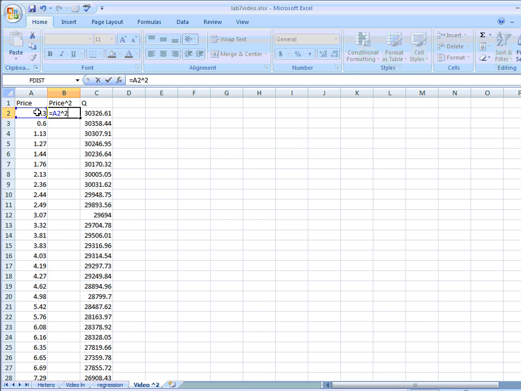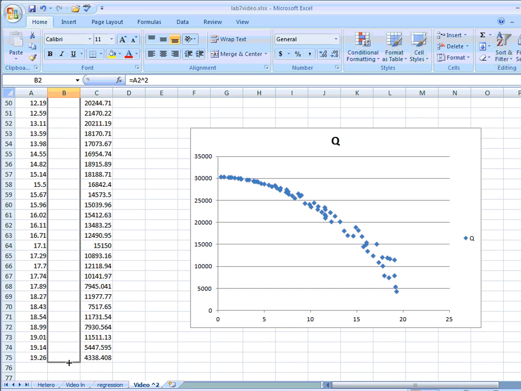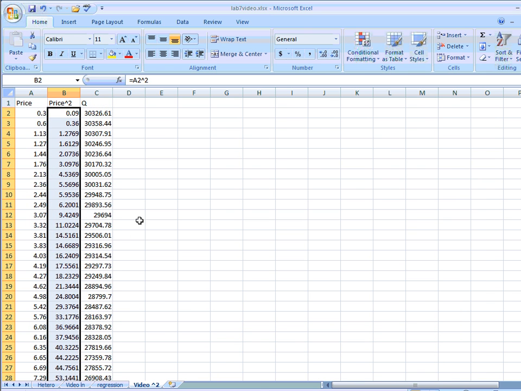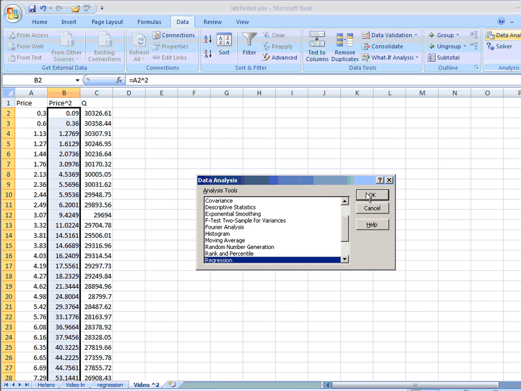You could also just do a2 times a2. Copy that down. One thing I just noticed, the original prices didn't have dollars. Doesn't matter, because the new column is price squared, and that cannot have dollars because it's dollars squared.